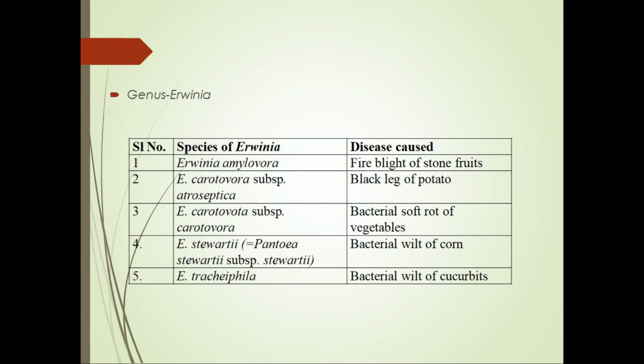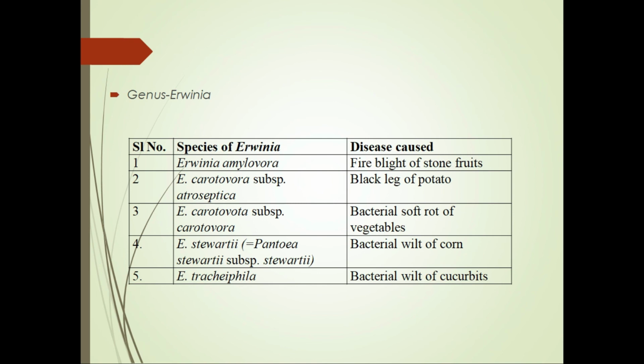Erwinia is one example of a gram-negative bacterium. We have mentioned earlier that Erwinia has peritrichous flagella. Erwinia is also facultatively anaerobic. Erwinia disease was the one discovered first as a plant bacterial disease, like Erwinia amylovora, which causes fire blight disease of stone fruits. Erwinia carotovora subspecies atroseptica causes black leg of potato.